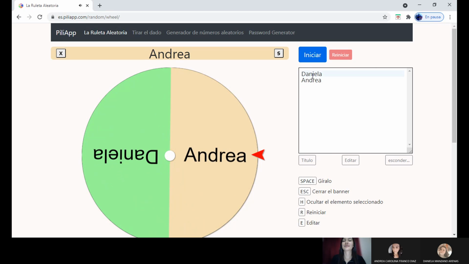Again, Andrea. Okay, Andrea, you belong to the pros group about this statement. And Daniela, you belong to the cons group about this statement.